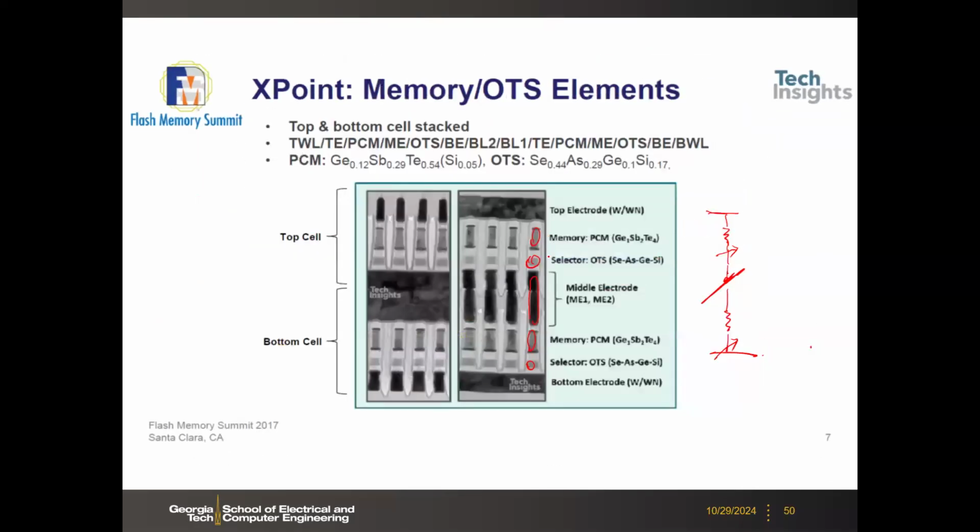What SK Hynix and Samsung are doing is getting rid of the phase change memory. They just use this OTS as a memory. I will talk about that later in the phase change memory section, how this works. Actually, it's pretty nice from the mechanism point of view. This selector-only memory, they call SOM, will save some fabrication cost because you no longer deposit this material, and potentially it will be faster and more reliable because it's simplified in terms of the process conditions.